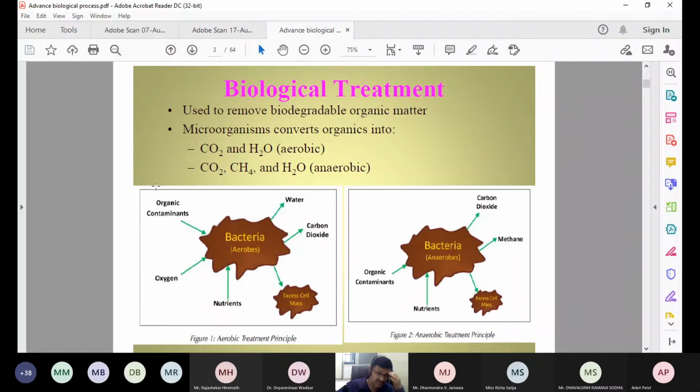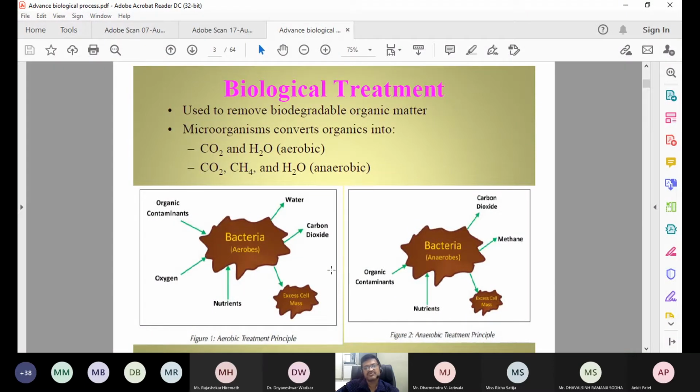Why can they not survive? Because we have released organic contaminants into the water, and due to this the oxygen has become less, and the fish will die.